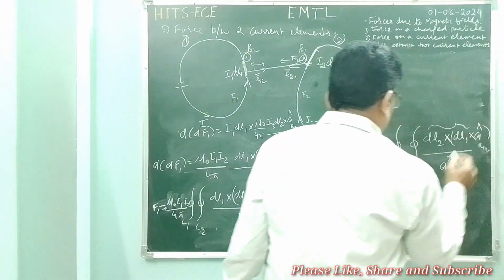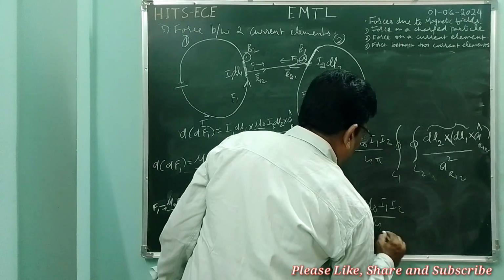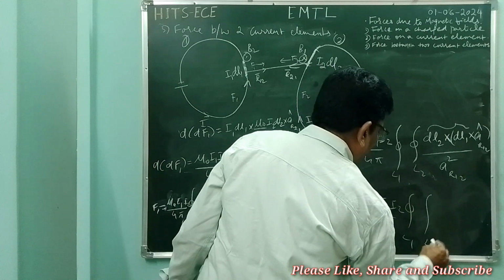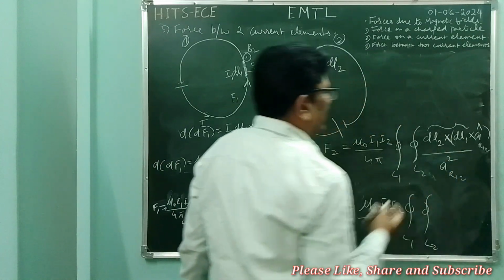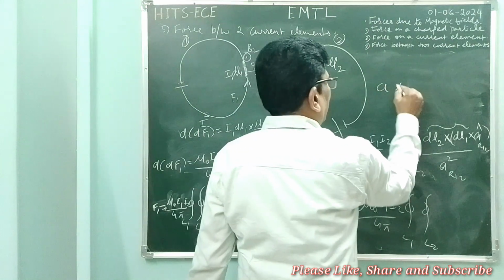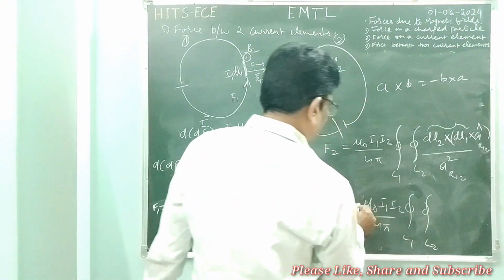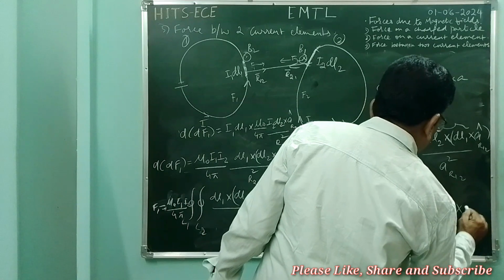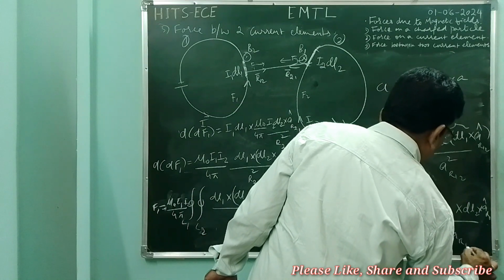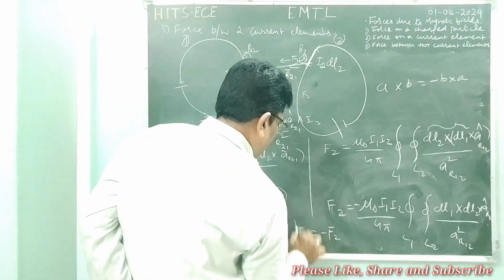The only thing that changes is this cross product. dl2 cross dl1 is equal to minus dl1 cross dl2, since A cross B is equal to minus B cross A. So F2 is equal to minus mu 0 I1 I2 by 4 pi, closed integral of dl1 cross dl2 cross aR12 cap by R12 square. So F1 is equal to minus F2.